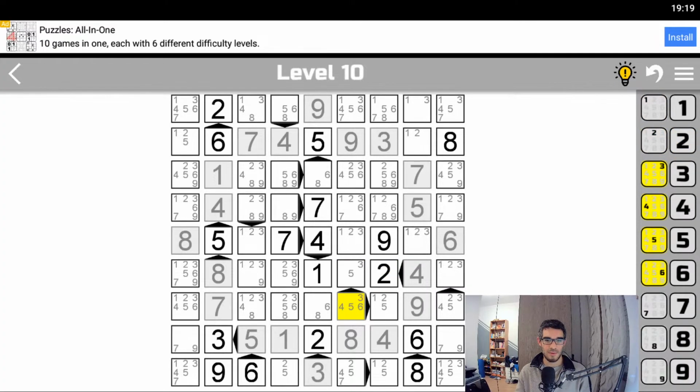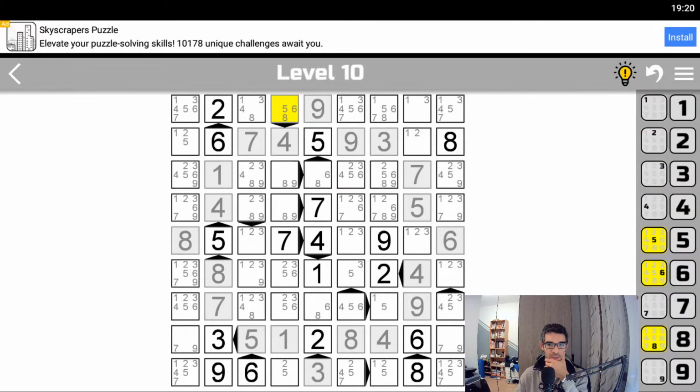Therefore this can be a 2, this can be a 3. Am I missing something else here? Yeah, this can be a 5 or a 6. So 8 9 8 9, see, repeat it. So it means that this can be a 9, this can be an 8.